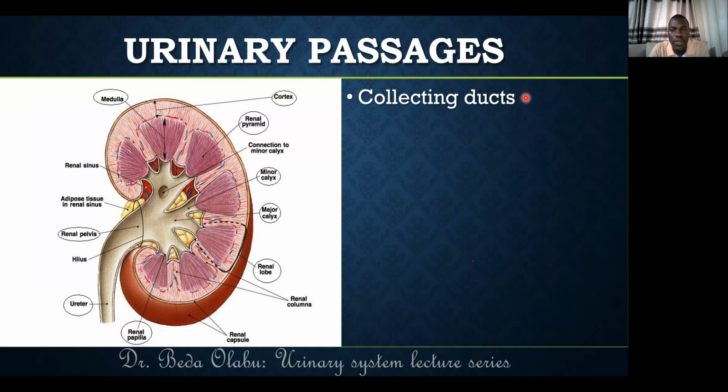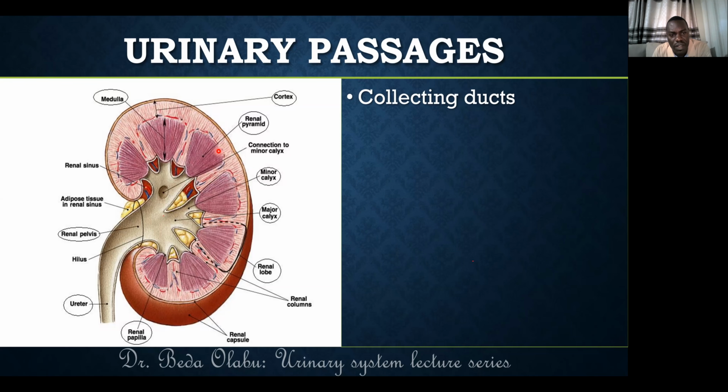So we consider the collecting ducts as the initial component of the urinary passages, in as much as we also consider the collecting duct as part of the nephron. We can consider it as the transition zone anyway. So in terms of collecting urine, let's start there.